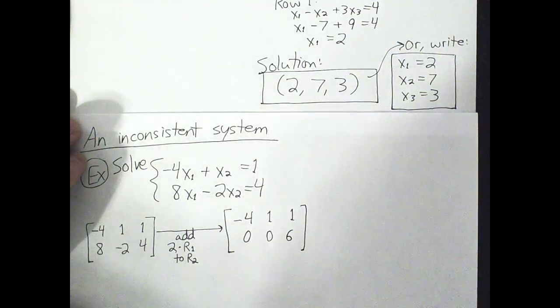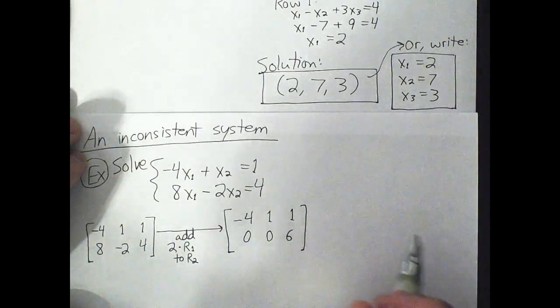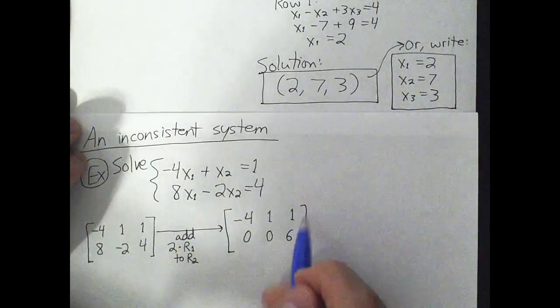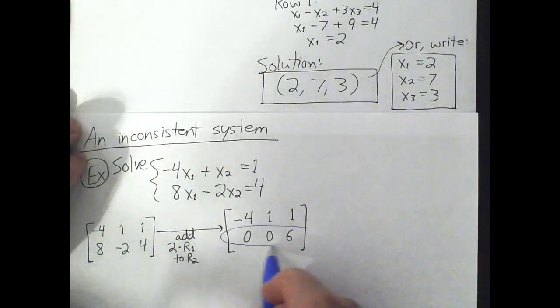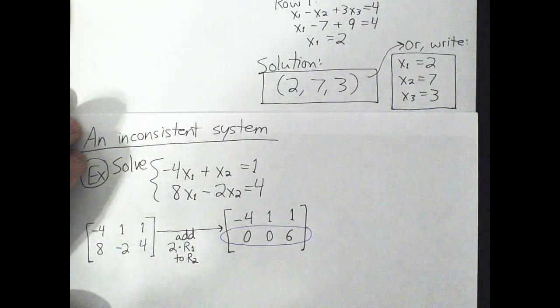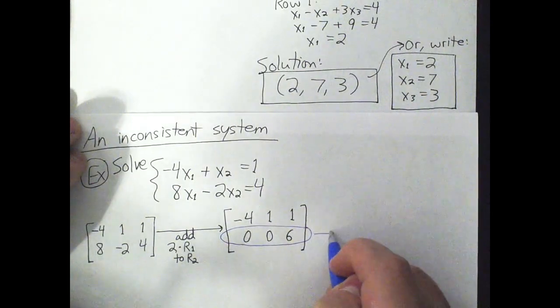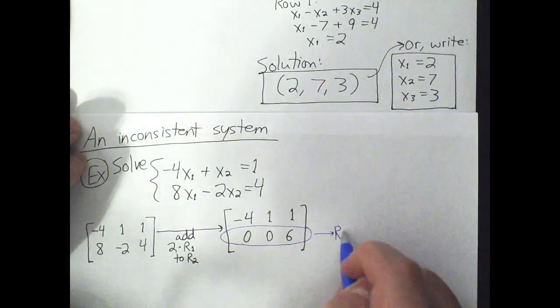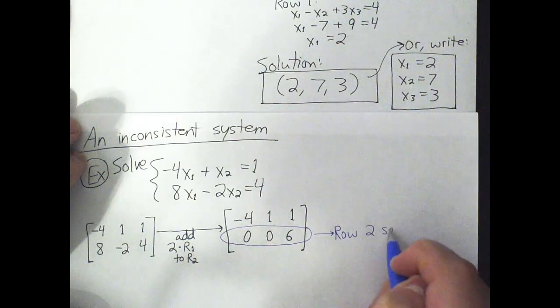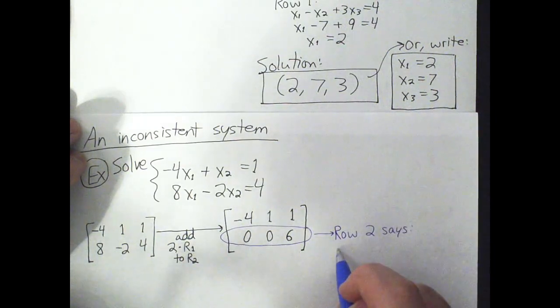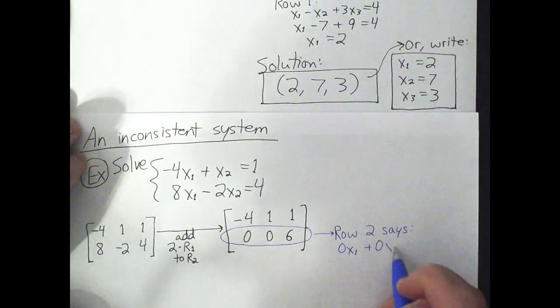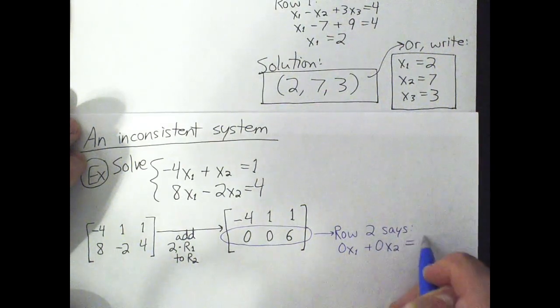Okay. So technically this is triangular form, and we should be able to use back substitution. But let's look at what this row tells us, because back substitution says you should use the bottom row first. So row 2 says this really represents 0x1 plus 0x2 equals 6, right?